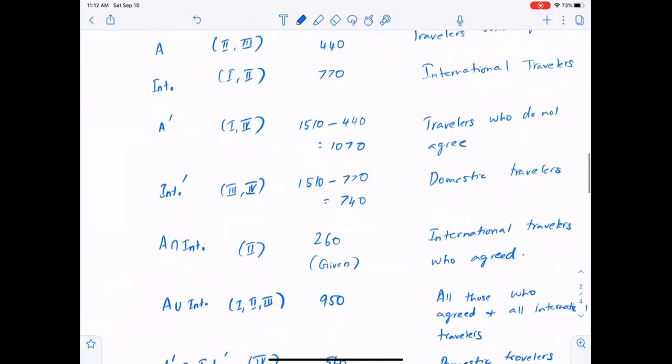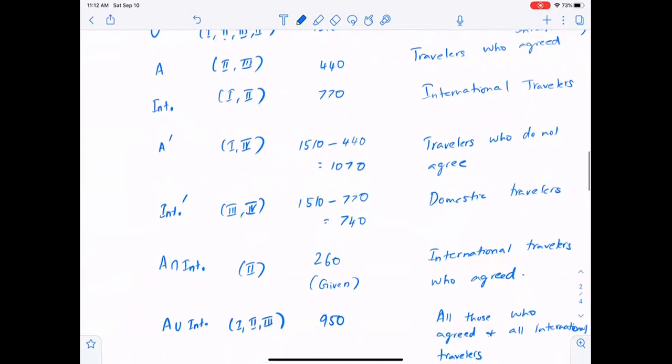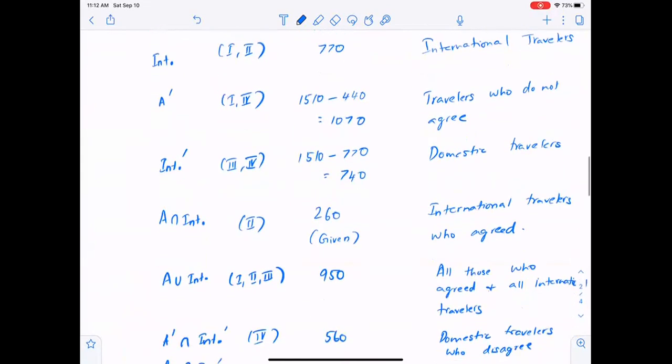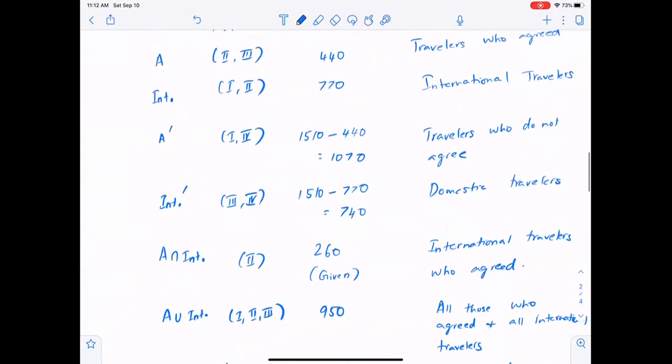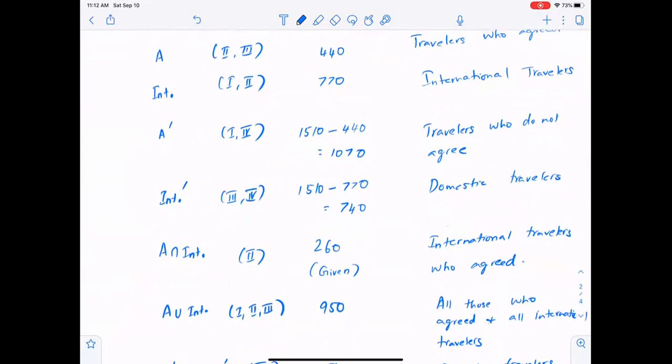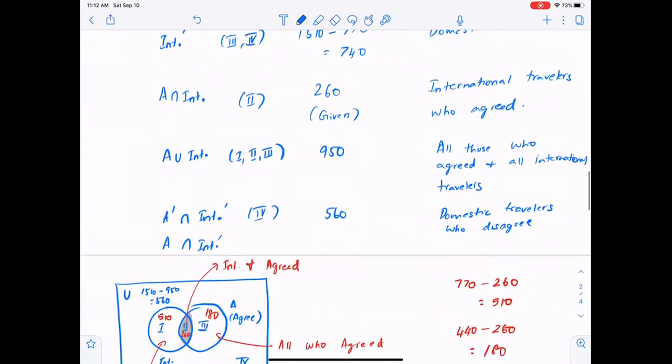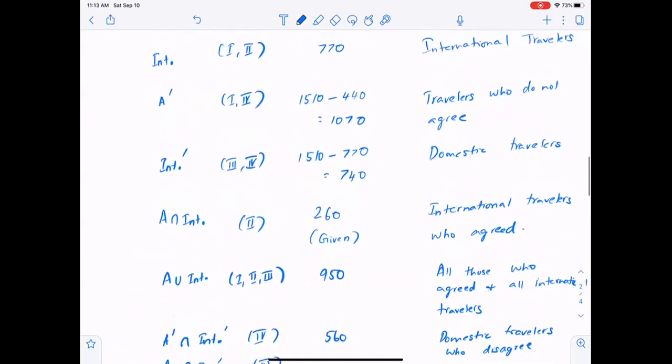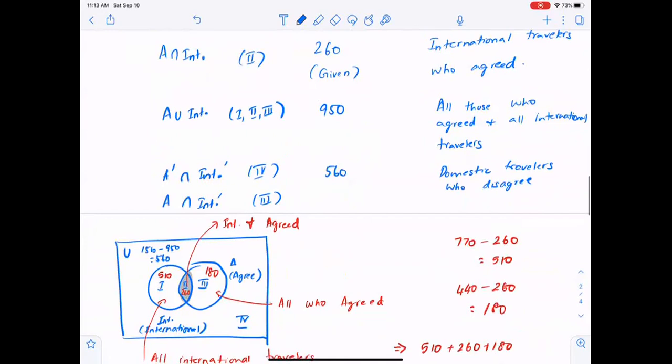The set int contains 1 and 2. Int complement contains 3 and 4. So we look at what's common between 2 and 3 and 3 and 4. We have region 3 in common. And we simply have to find the count for region 3, which we already did.